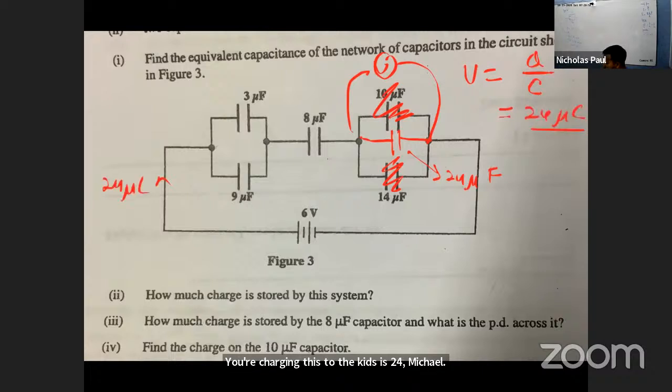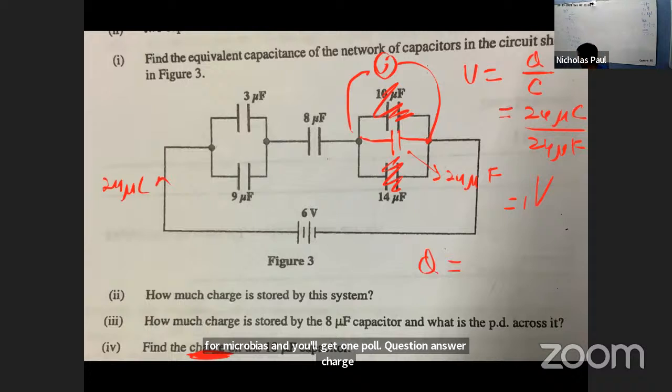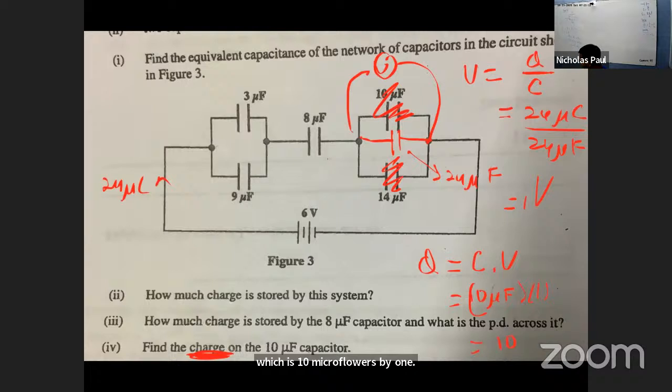So it's 24 micro over 24 microfarads, and you'll get 1 volt. The question asks the charge, so if you rearrange the formula again, it'll be capacitance by voltage, which is 10 microfarads by 1. So that will give us 10 microcoulombs.